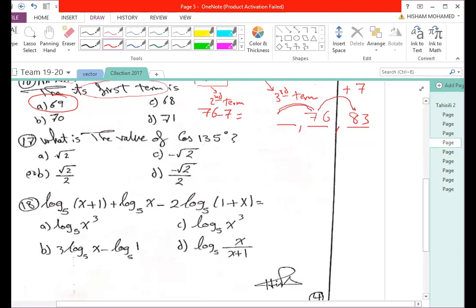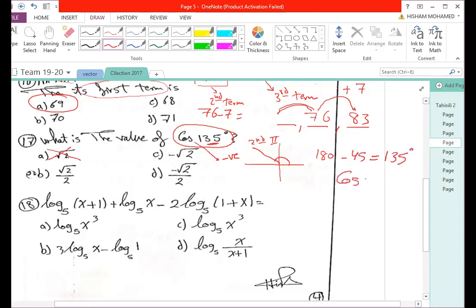Cosine 135. It's clear that 135 is in the second quadrant, and cosine in the second quadrant is negative. So I'm not going to choose A. And the reference angle for 135 is 45, because 180 minus 45 is equal to 135.